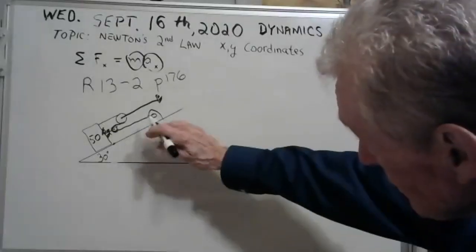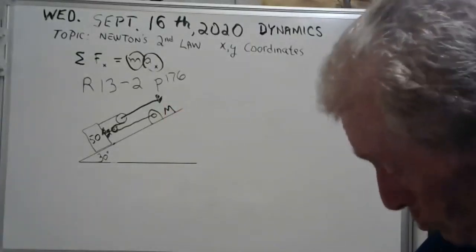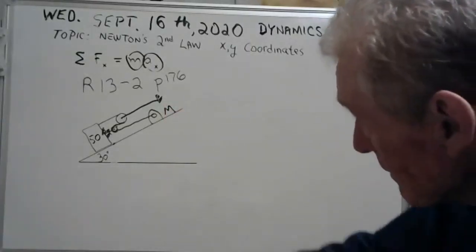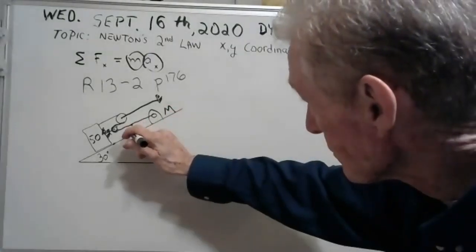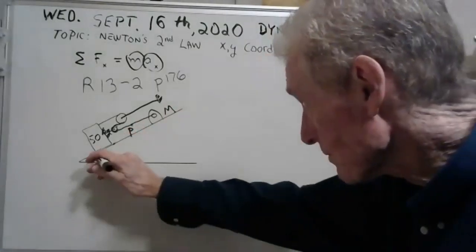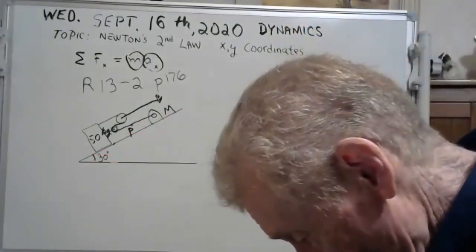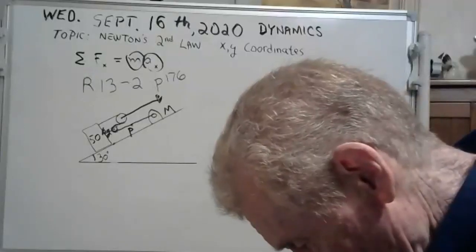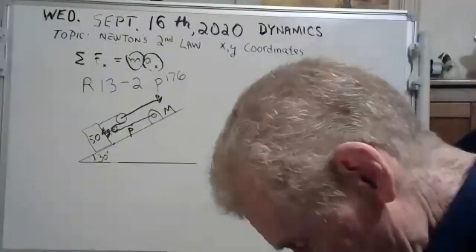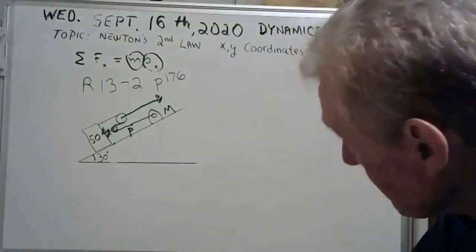We got the motor here. They call that M. They have a point P for some reason right here, and a 30-degree angle there. Okay, we got all that. Let me read this, see if I'm forgetting anything. It says the motor pulls the attached rope with an acceleration of 6 meters per second squared.